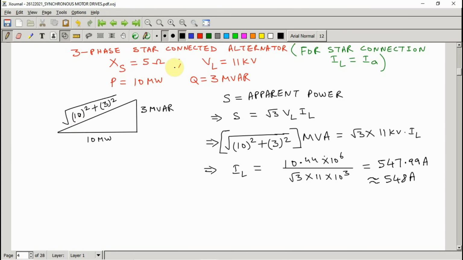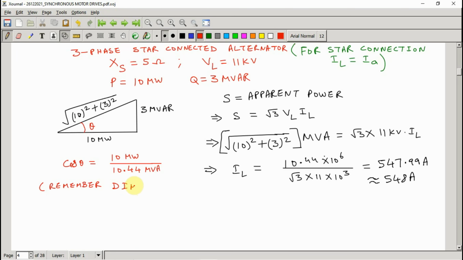So this angle is your theta, so cosine of this is your power factor angle. So we can write simply, what is cos theta? Cos theta is base. Base is 10 megawatt divided by hypotenuse. How much is it? It is 10.44, this is also MVA. Now you have to remember that dimensionally MVA and megawatt are same.